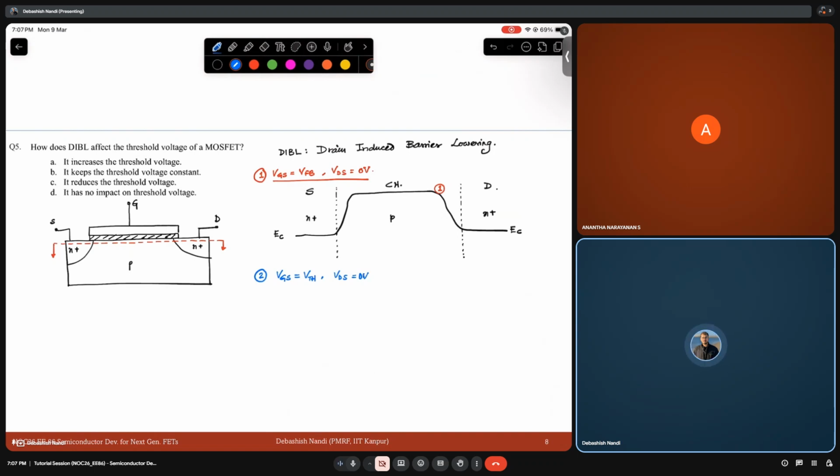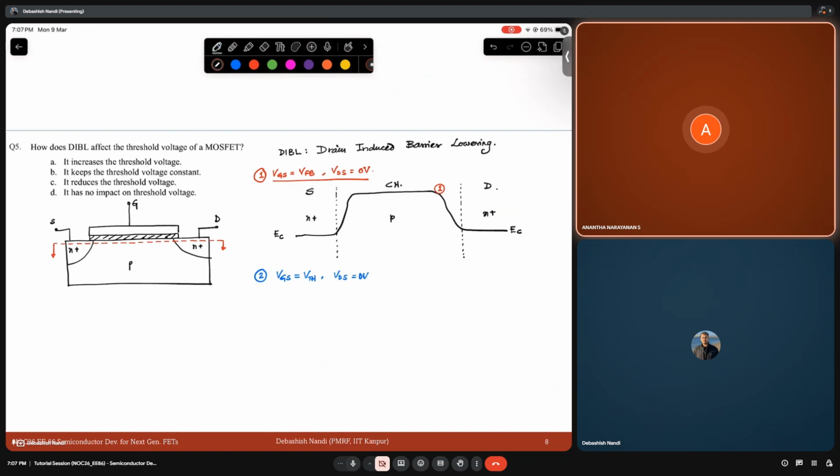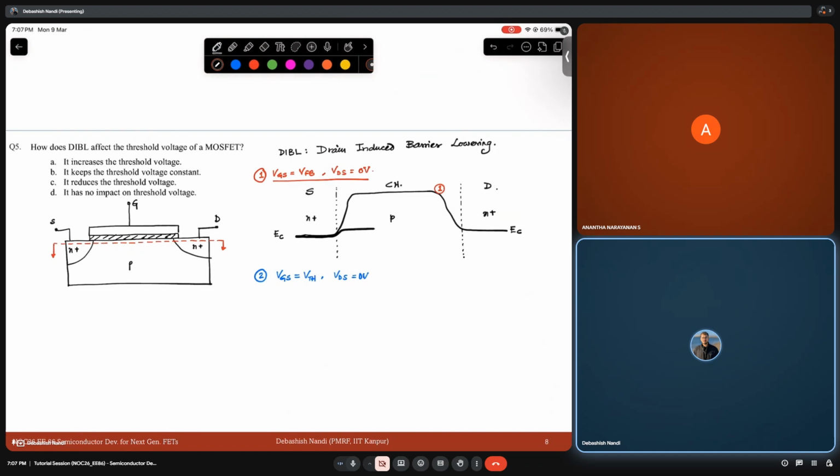So how will my band diagram look like? Sir, in that case, the region one will lower, right, sir? Because we are applying a positive potential. It will be like this, right? Yes, sir.